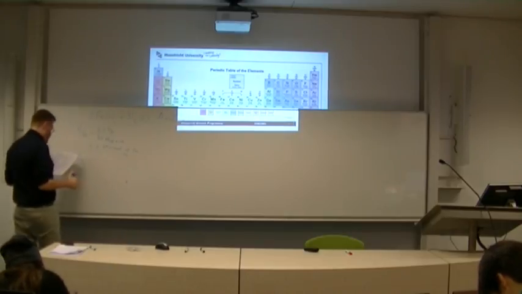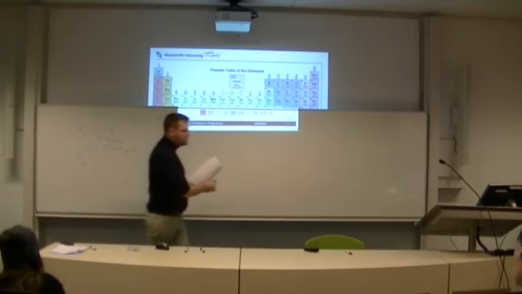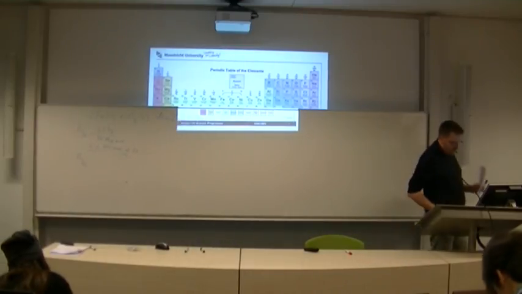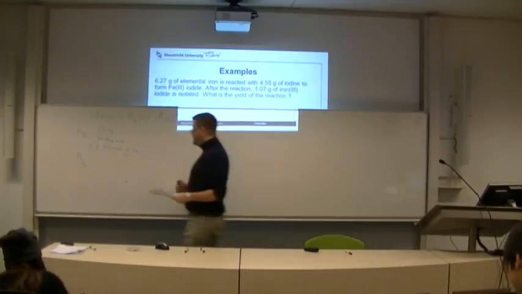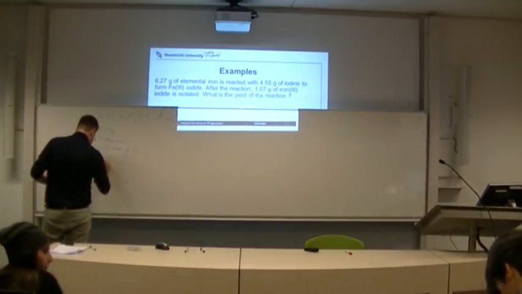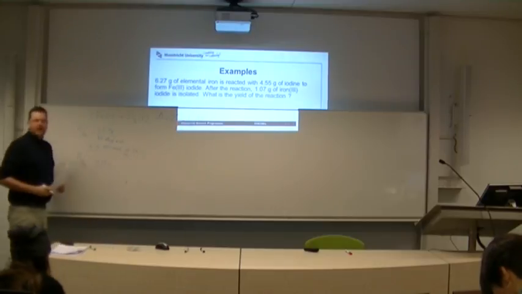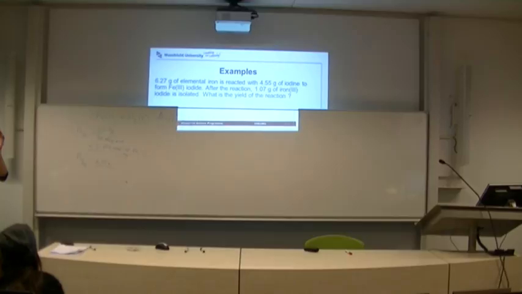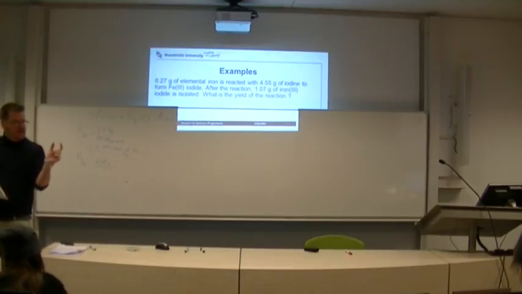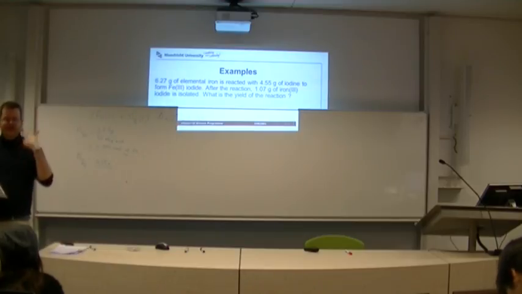We proceed in the same way. According to our little story, we have 4.55 grams of iodine. What is the molecular weight of iodine? I2. How do we calculate that? We go to the periodic table, we look at the molecular weight of iodine multiplied by 2, because the molecular formula is not I, it's I2.